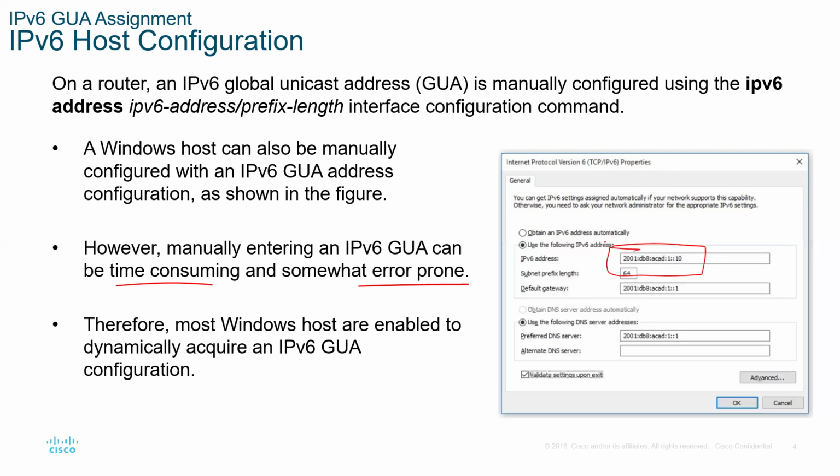So errors are definitely bound to happen if you manually configure hosts in a network. That's the reason basically why we have dynamic address assignment. And here we are looking for the one which involves IP version 6.